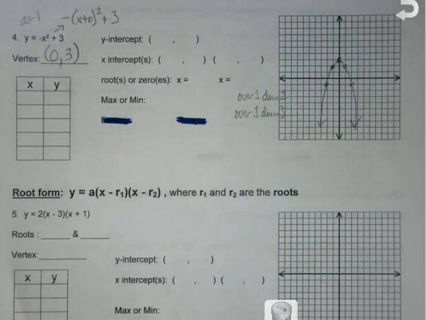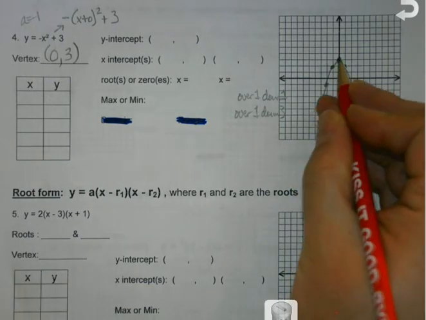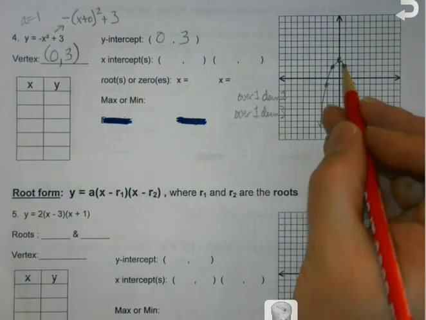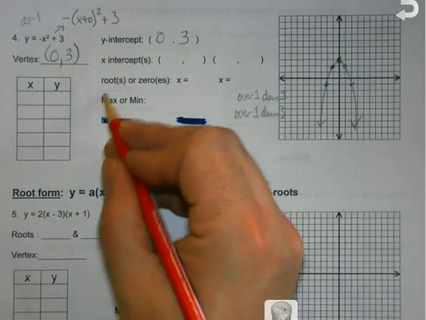As long as we have those 5 dots, we're in good shape. Now this is getting a little more interesting, because I can see my y-intercept is at 0, 3. I can see it's a maximum because it's opening down.